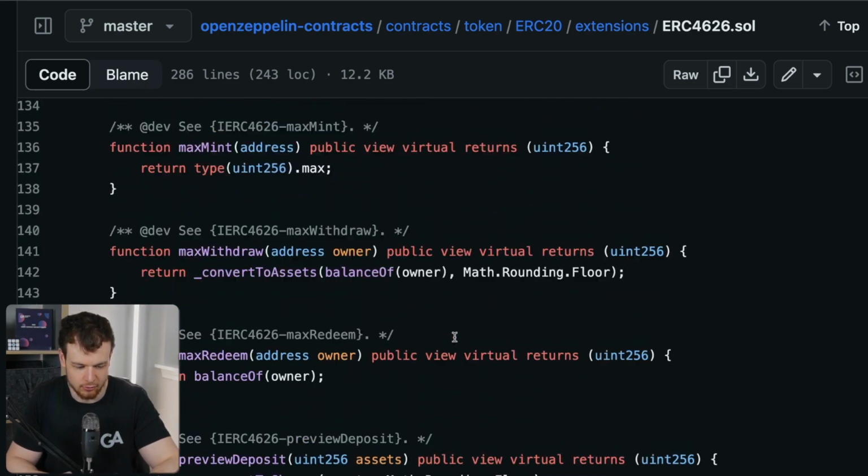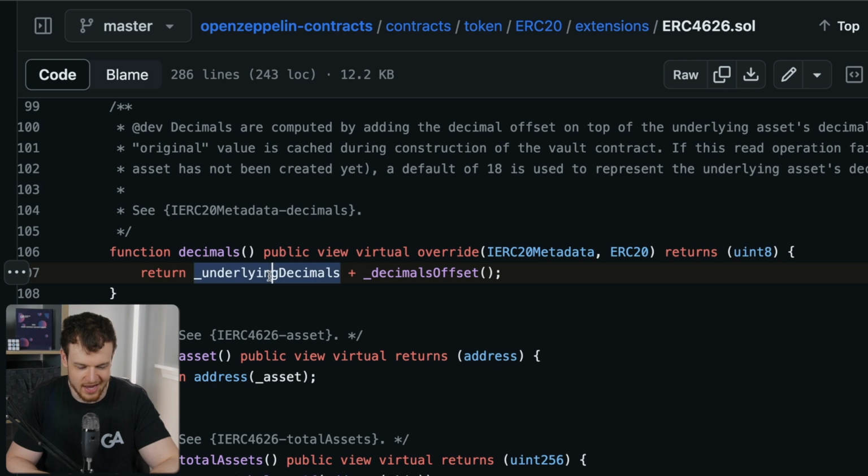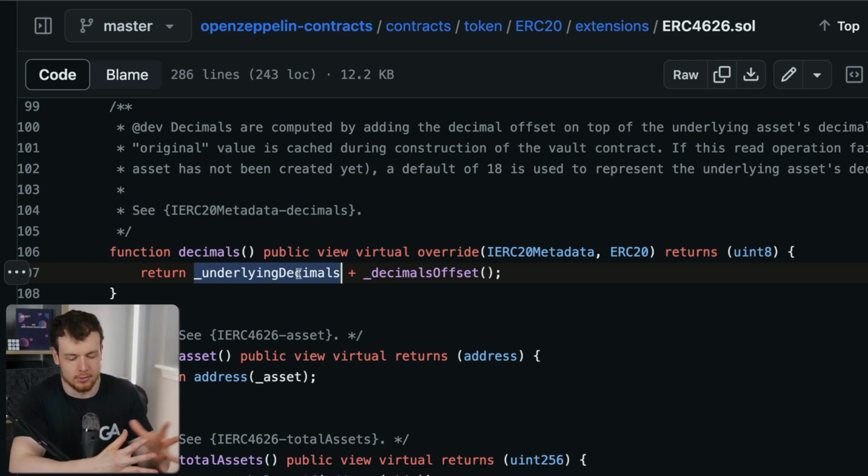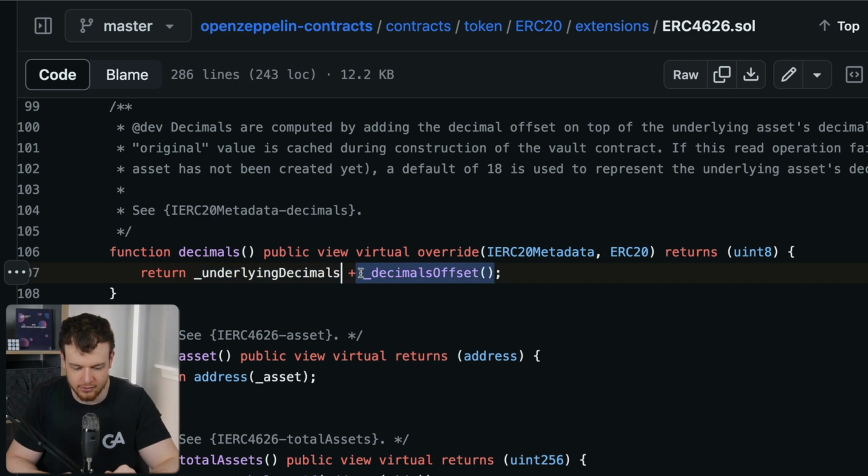When we go to the underscore decimals function, we see that the decimals of the vault token is the underlying amount of decimals plus the decimals offset. So they're just specifying that if the underlying asset has 18 decimals and we have a decimal offset of 2, that's just extra granularity. We're not saying you actually get that much more vault tokens.